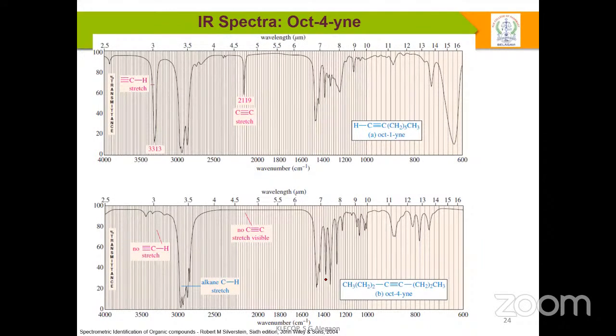If the C triple bond comes in between, we do not observe the triple bond character. Here we also miss the CH stretch because there is no such CH.